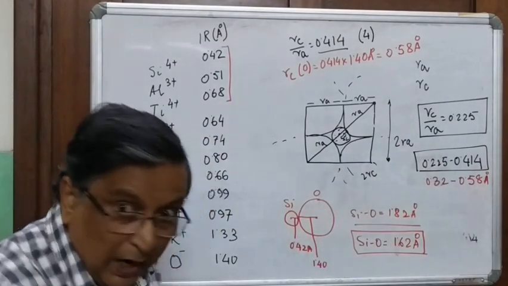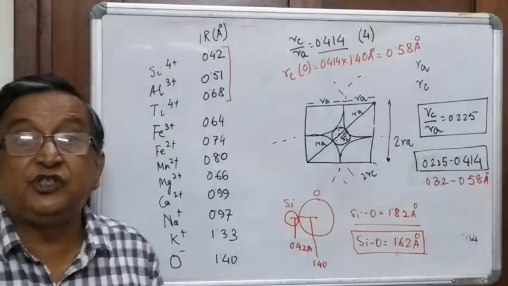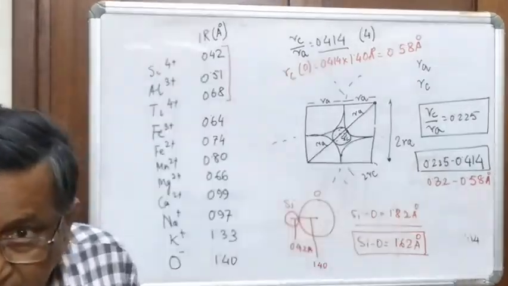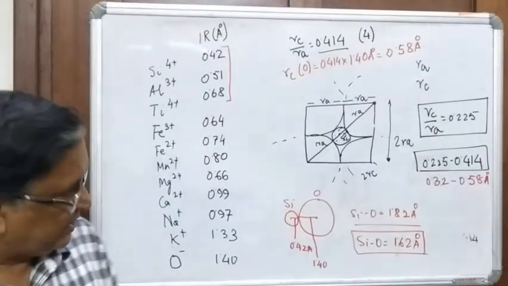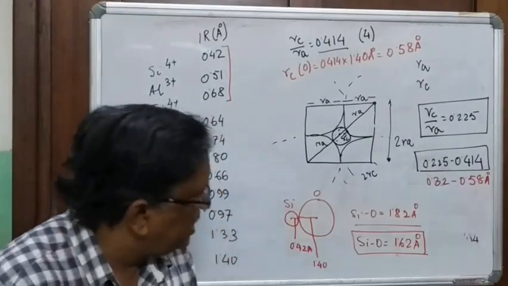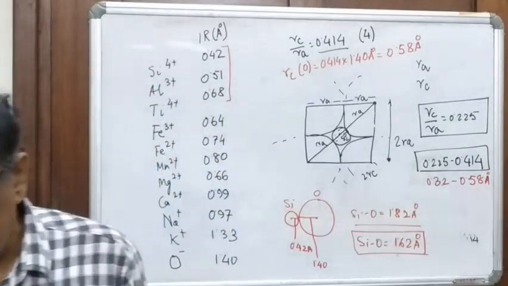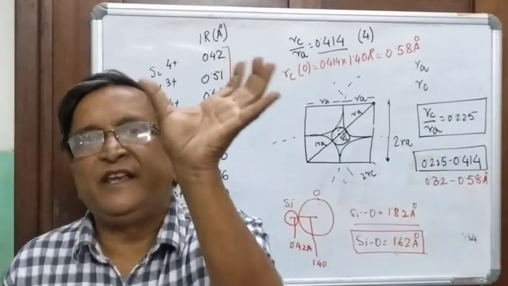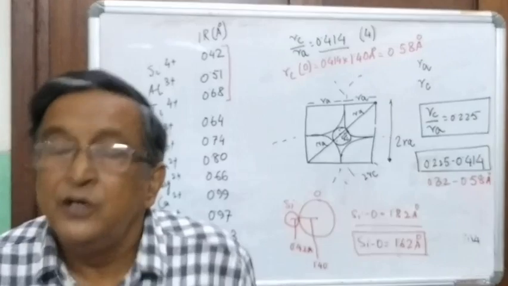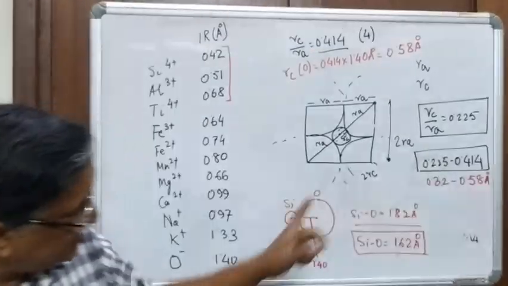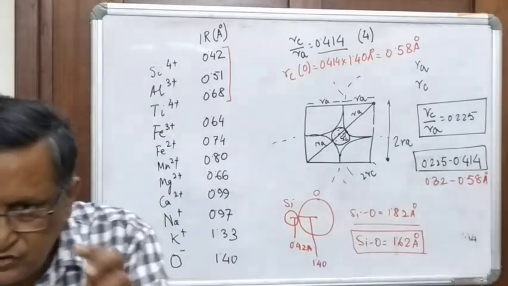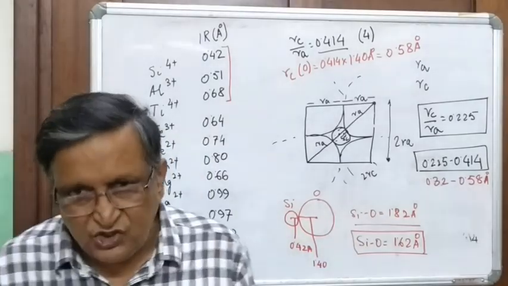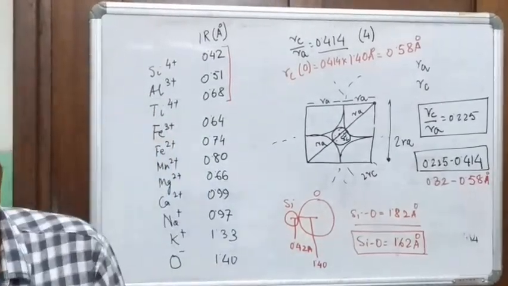That the actual measured silicon-oxygen bond length in naturally occurring and synthetic minerals is smaller than what Pauling suggested. It's 1.82 angstroms if you take ionic bonding, which means to say that the silicon-oxygen bond is not an ionic bond.